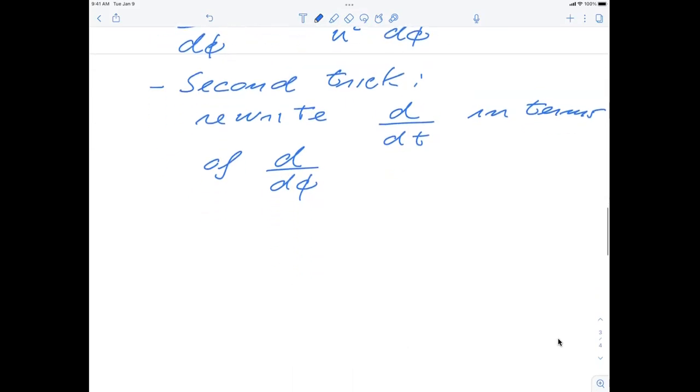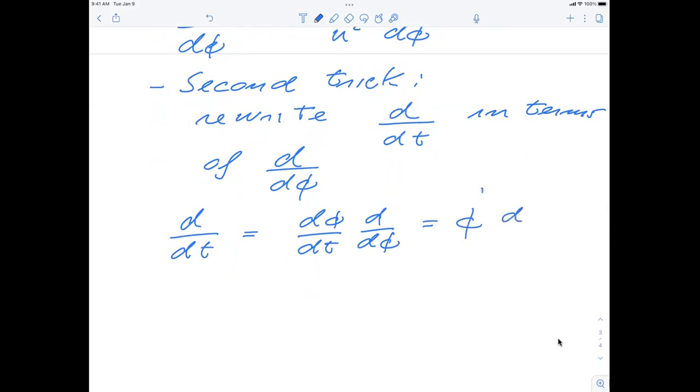Okay, so now comes some gymnastics, some exercising here. We know that d dt can be rewritten as d phi dt times d d phi. And this is something which we would simply rewrite as phi dot times d d phi. So we have a differential operator here. Now, what we need to remind ourselves of is that phi dot is L divided by mu r squared.